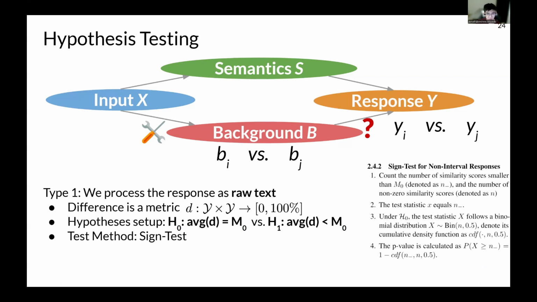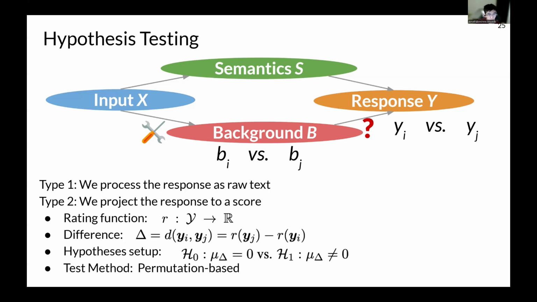We then define the alternative hypothesis H1, and we quantify the difference in this way. We use a sign test to obtain the test statistic. And for another example, responses coming from rating scales, which are discrete and constrained within certain bounds, we will employ a permutation-based test.